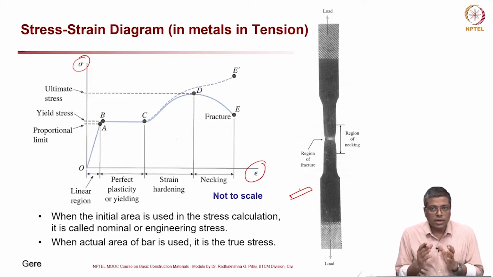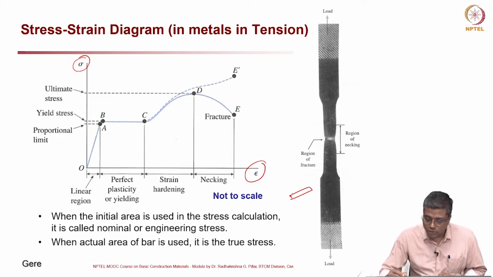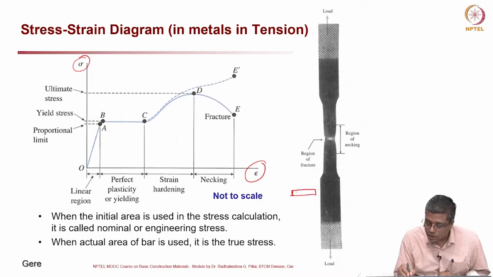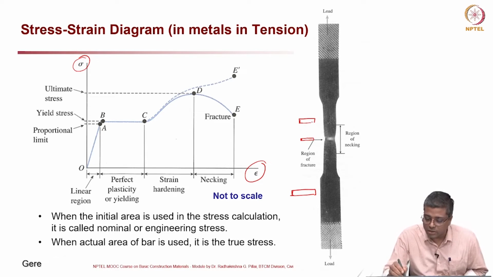Here the initial area is known. The cross section area is like this, and here it is a much thinner cross section area. So, the necking is happening there.